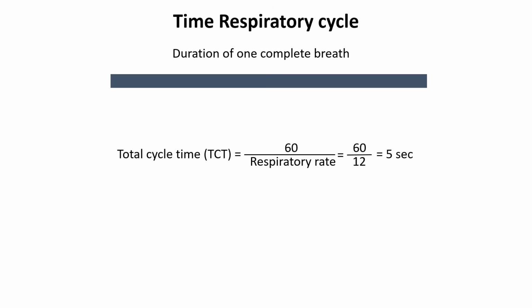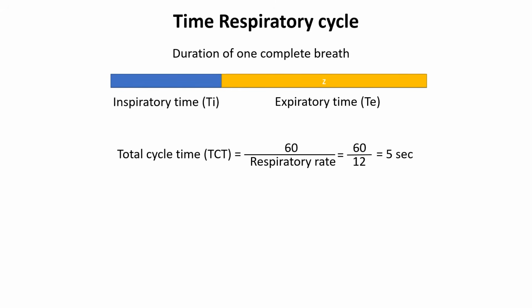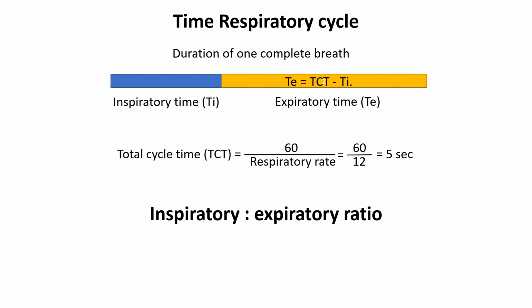This total cycle time is divided into inspiratory time and expiratory time. Inspiratory time is the duration of the inspiratory phase and expiratory time is the time left for passive exhalation after inspiration. The ratio of inspiratory time to expiratory time is called the I/E ratio and is commonly set at 1:2 or 1:3 to allow sufficient time for exhalation.